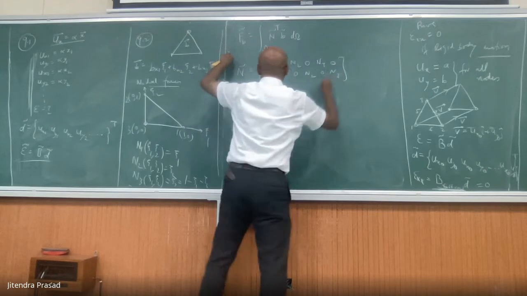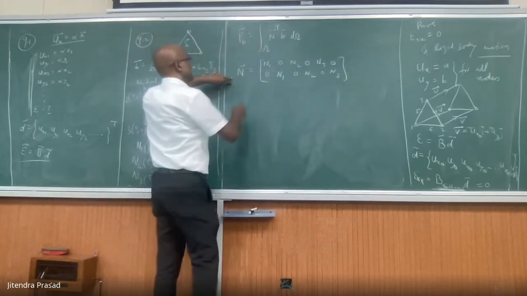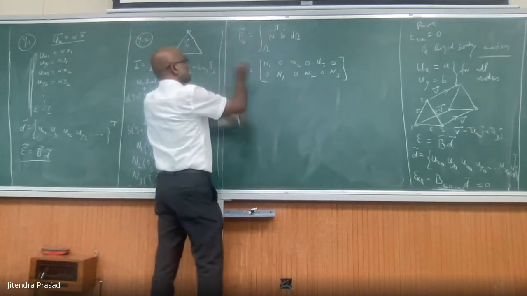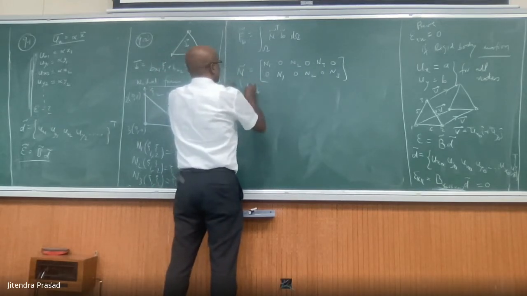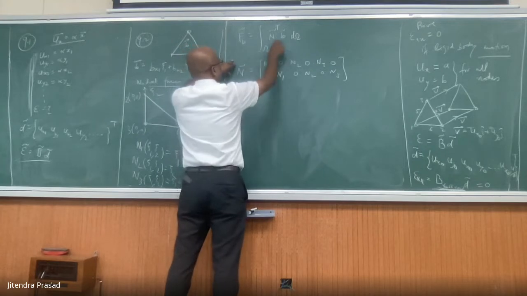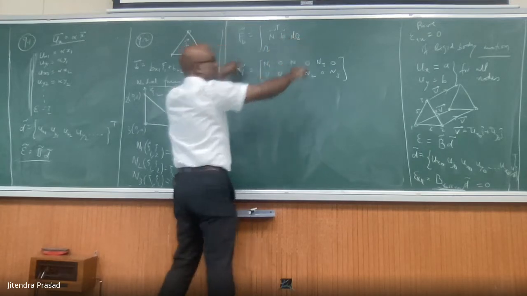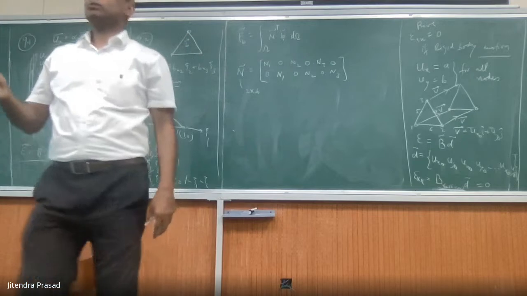This is how you write it, right? This is N, which is 2 by 6. N transpose becomes 6 by 2, and then this you have 2 by 1.